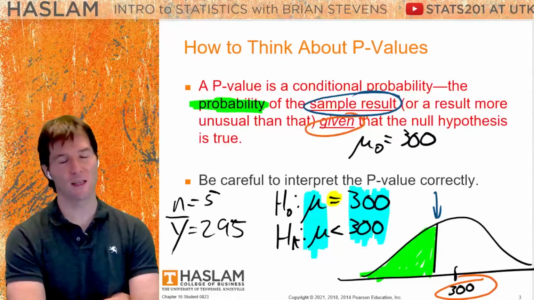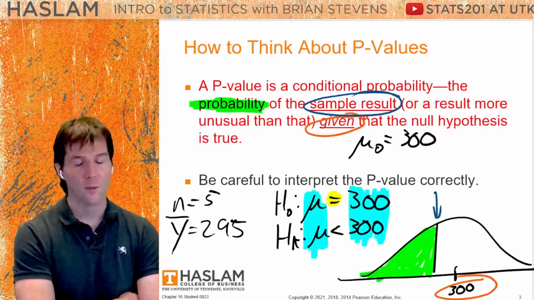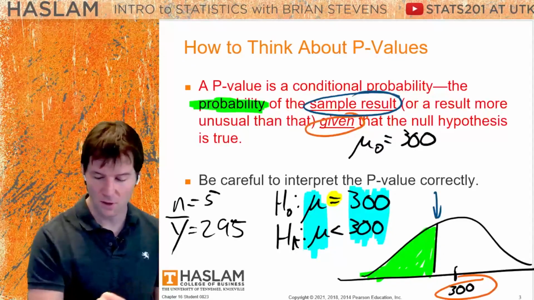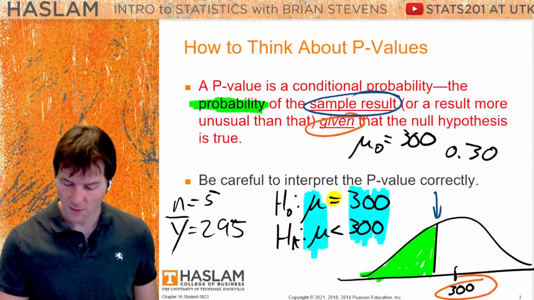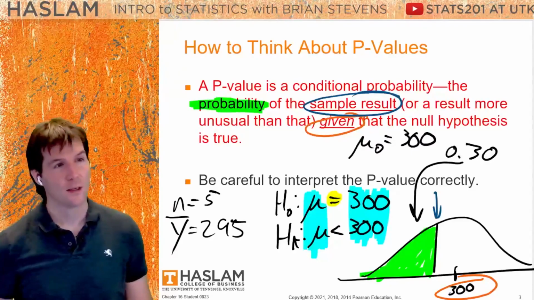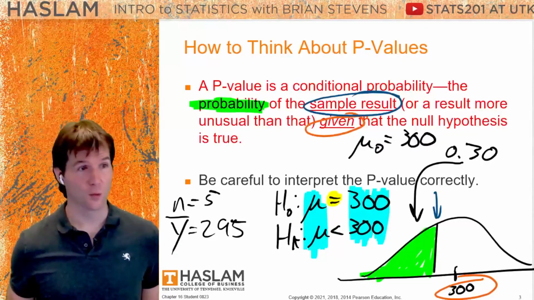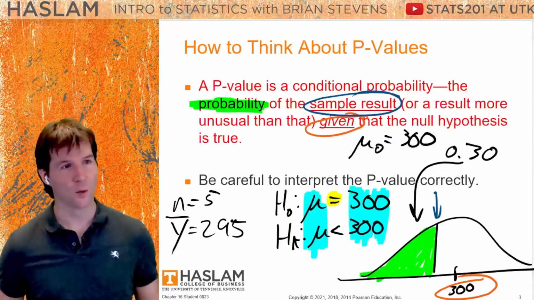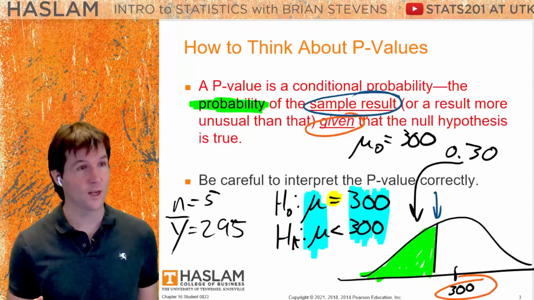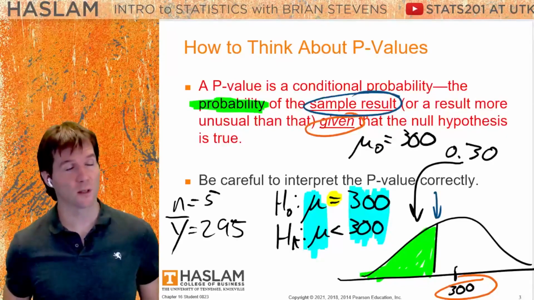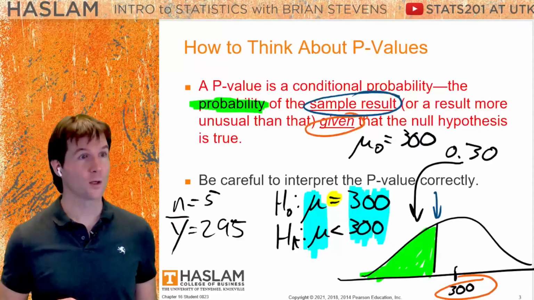You might say, well, they're hitting less. Well, yeah, but it looks like that p-value, just visually, is about 30% of the curve. So with a p-value of 30% right here, if this person is truly a 300-pound bench presser who can do a 1-rep max of that, then a 295 or lower would occur about 30% of the time.